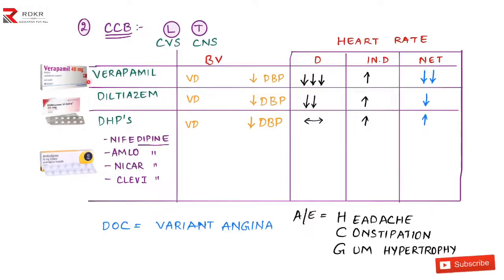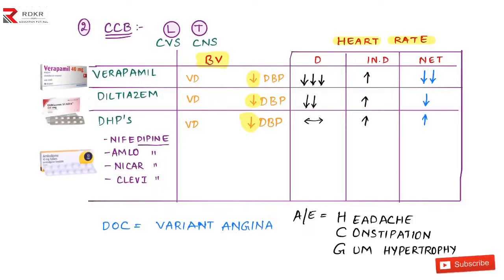Okay, so all of these drugs, verapamil, diltiazem, and dihydropyridines, mainly cause vasodilation. So the effect on the blood vessel is vasodilation, and due to this they all decrease the diastolic blood pressure. I think up to here I am very clear. And after this, let us see what is the action of these drugs on heart rate.